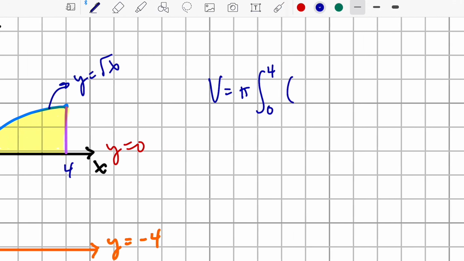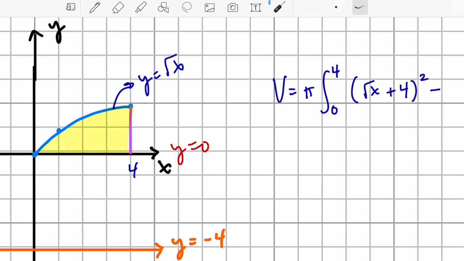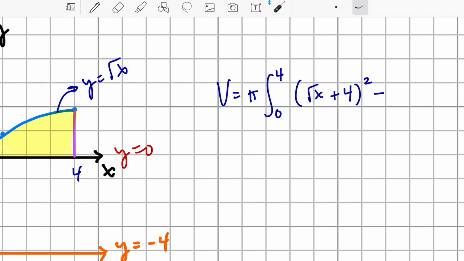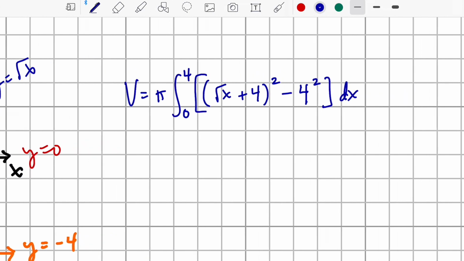So that will give me the square root of x minus a negative 4, which means plus 4, squared. Minus, and now the function that is closest will be y equals 0. So that means 0 minus a negative 4, which will give me a positive 4. So it's going to be 4 squared with respect to x.